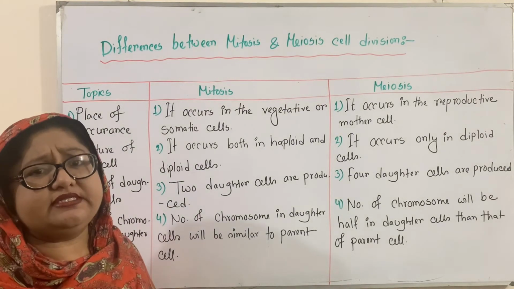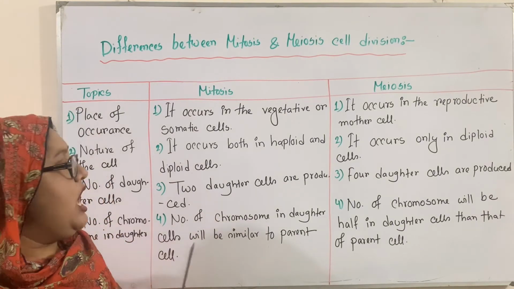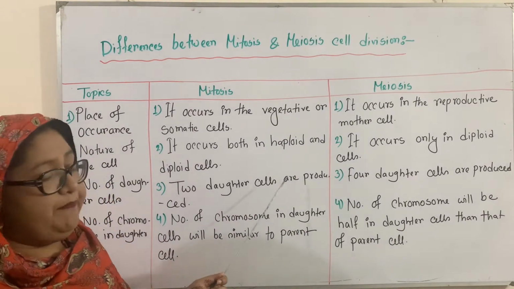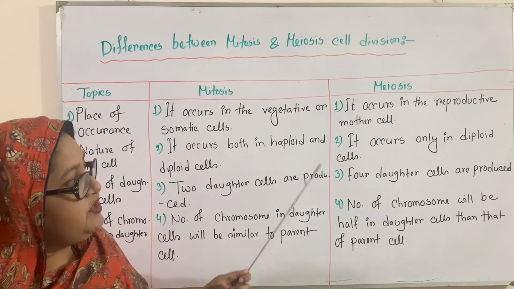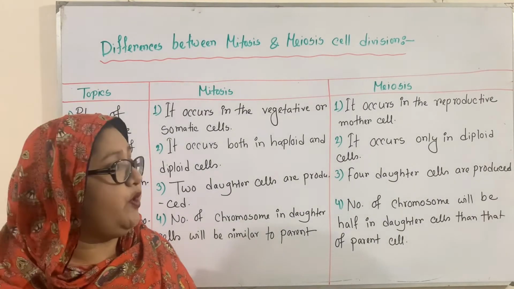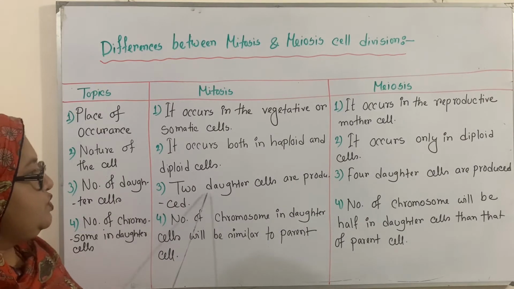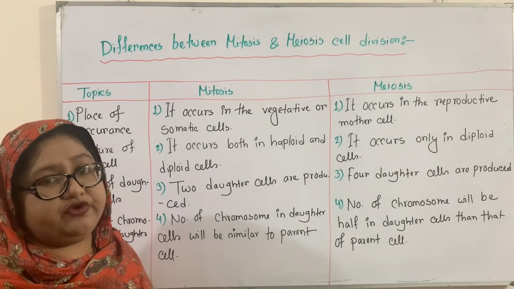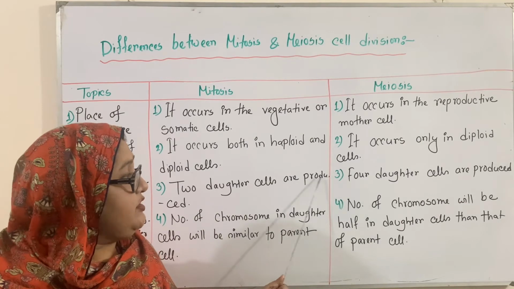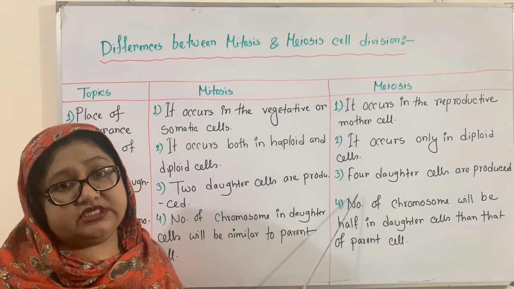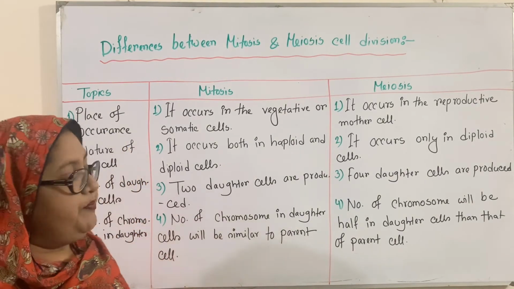Mitosis occurs in both haploid and diploid cells, but meiosis occurs only in diploid cells. Number of daughter cells: two daughter cells are produced after mitosis cell division, and four daughter cells are produced after meiosis cell division.